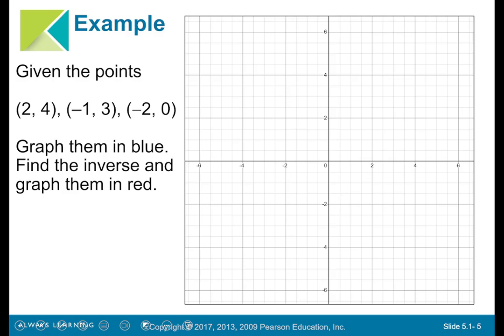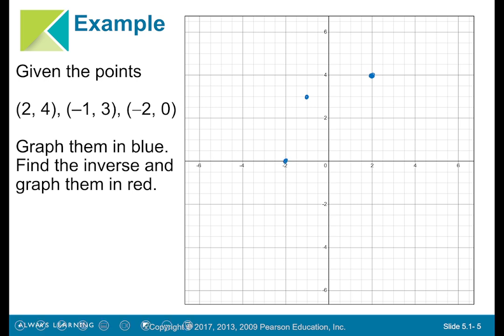So now let's look at what happens when we actually plot these points and plot their inverses. So first off, we have 2, 4. So that's a point right up here. Oh, the instructions say graph them in blue. Let's do this in blue. Here we go. 2, 4, negative 1, 3, negative 2, 0.